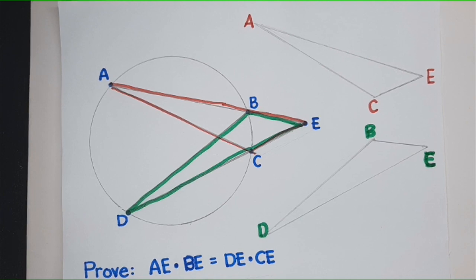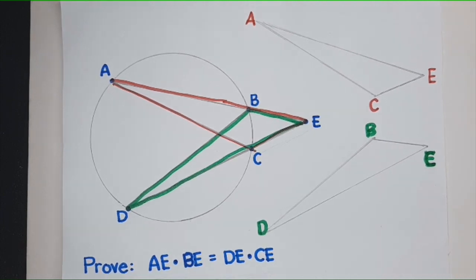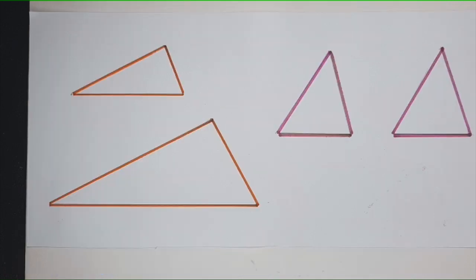Tapos magpa-follow na yung gusto nating i-prove ito. Now, I have a question. What are similar triangles? Let's have a quick discussion on similar triangles. Similar triangles are triangles with the same shape but usually different in size.